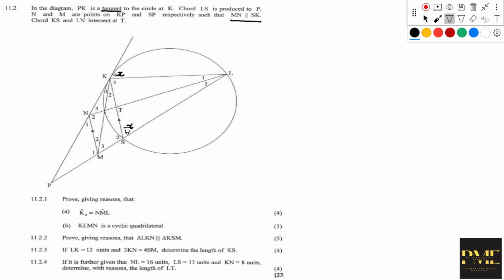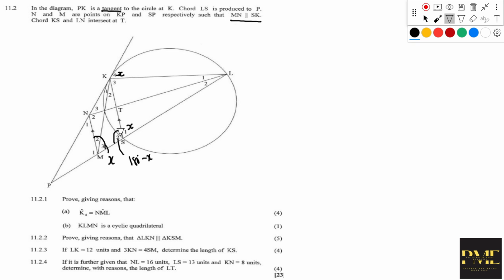We also see that we've got these two beautiful parallel lines, which means M2 plus M3 will be equal to x respectively. And then we have S2, guys: S2 will be equal to 180 minus x. Why?